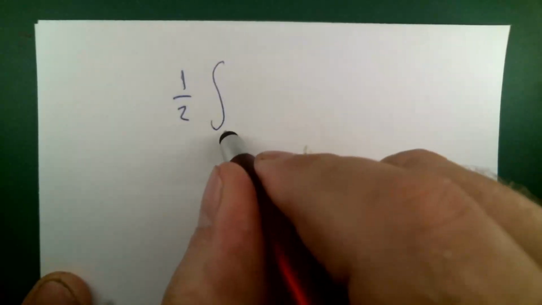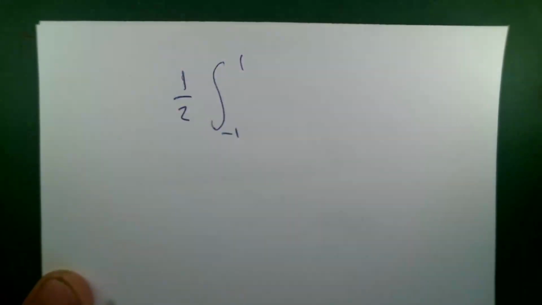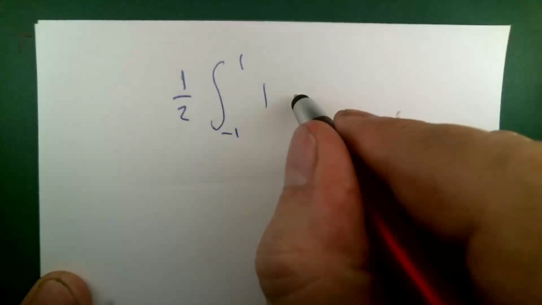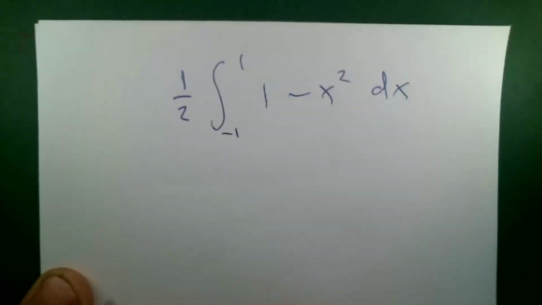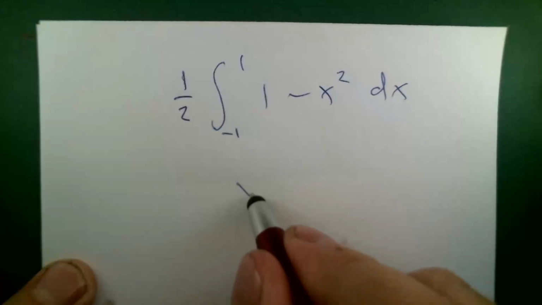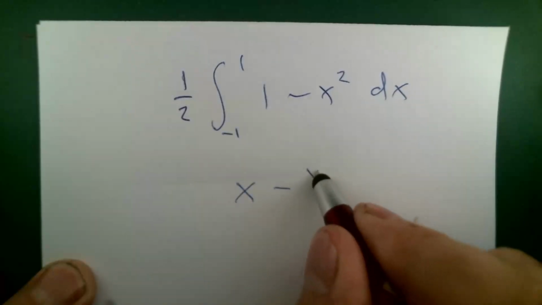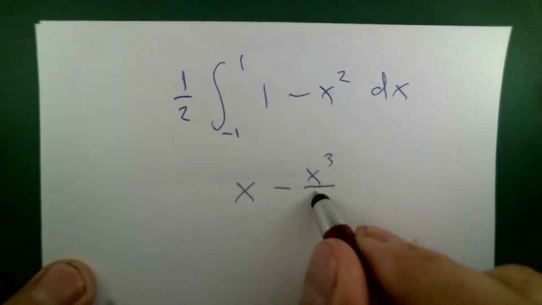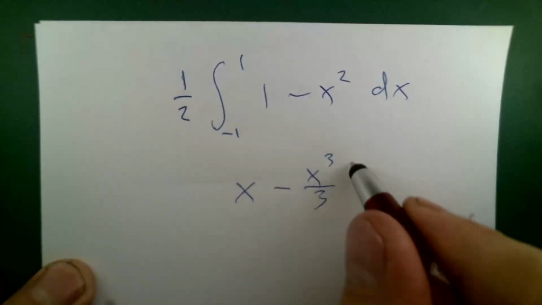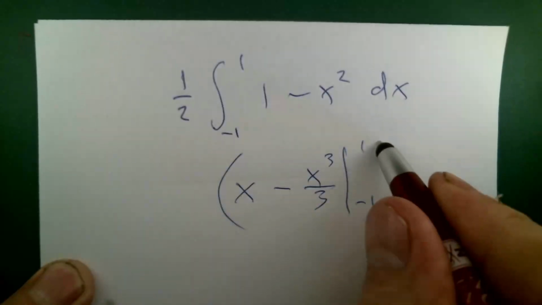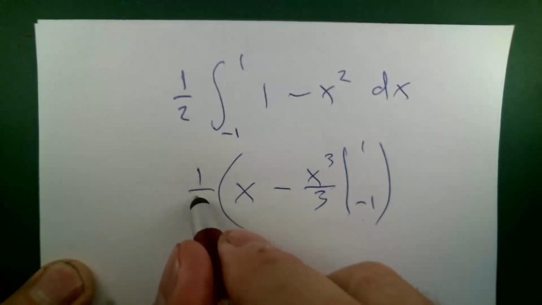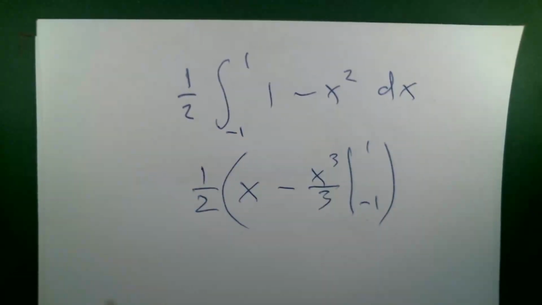Integral -1 to 1 of 1 minus x squared dx. So the antiderivative is x minus x cubed over 3, evaluated there to there. Also with that 1/2, I tend to forget my constants once I pull them out, so you guys have caught me on that a few times.